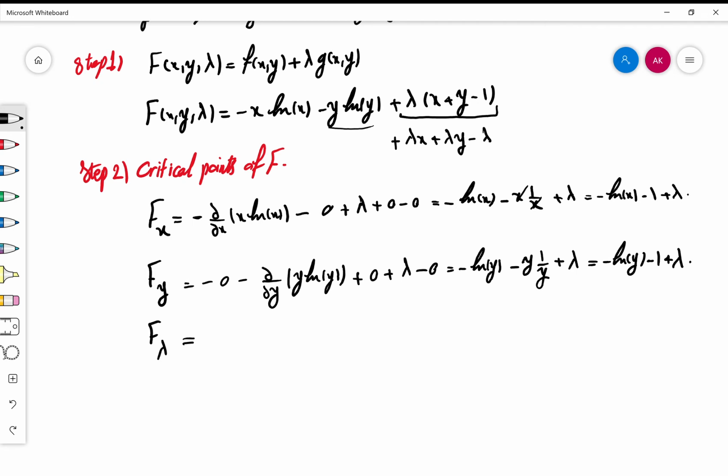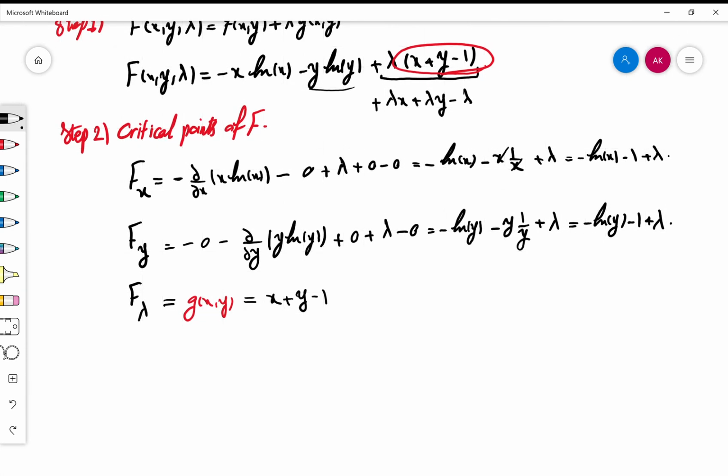And then F_lambda. There's only one lambda, and it is multiplied by the whole g(x,y). So F_lambda is always equal to g(x,y). In this case, it is equal to x plus y minus 1. These are partial derivatives, but we have to set them equal to 0.